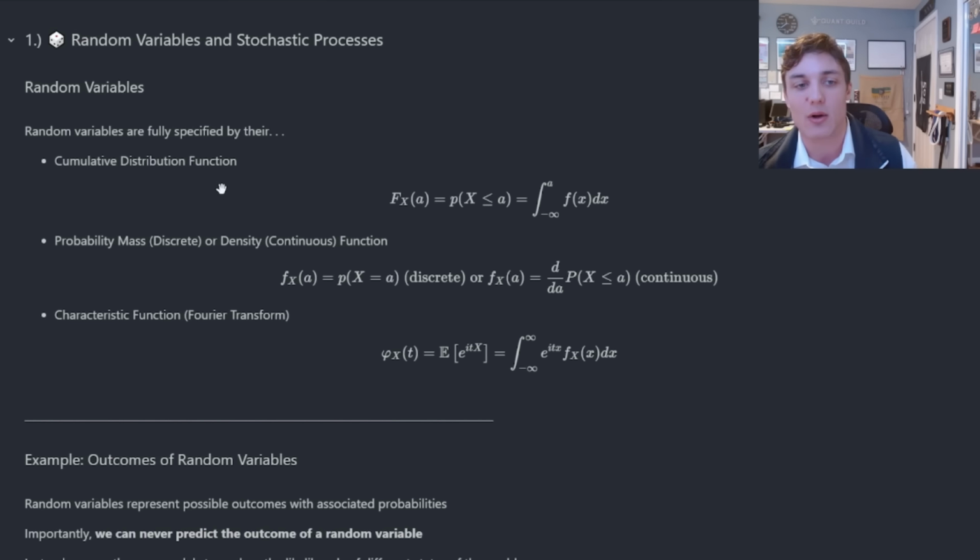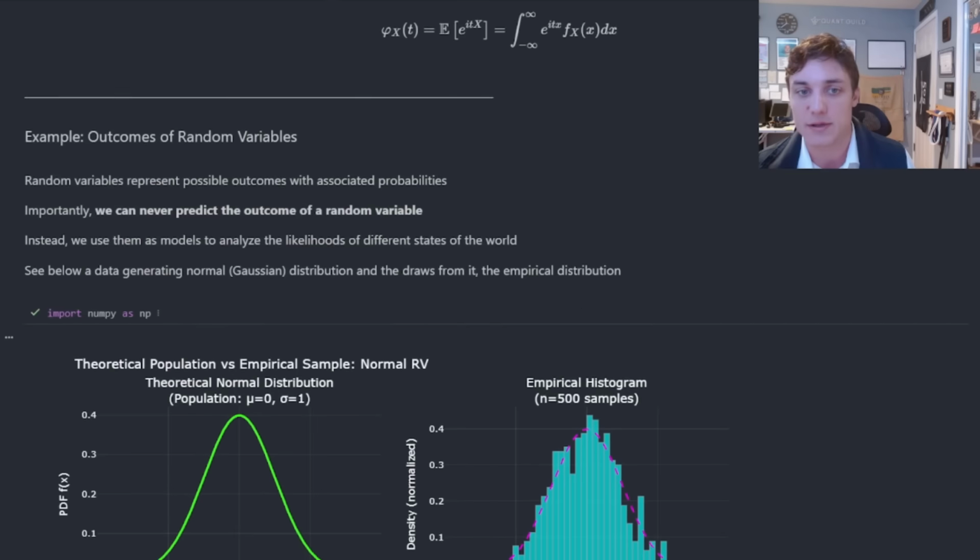So the reason why all three of these are equivalent statements for a specific random variable is because the operations that we're performing on these objects yield unique objects themselves. So we can effectively just go back and forth between a distribution or density function and the characteristic function. So we can effectively define a random variable in terms of any of these objects.